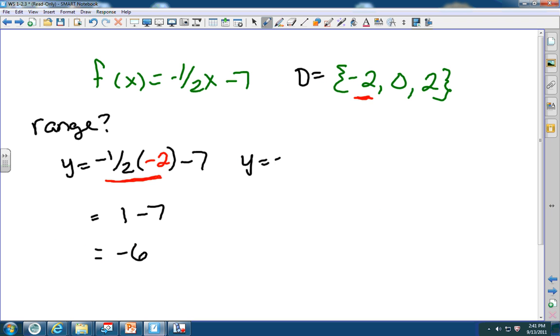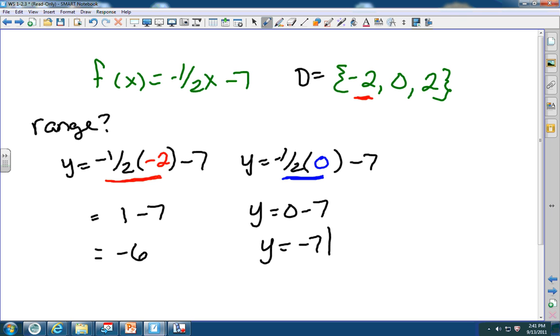The next one, y equals -1/2 x minus 7. The next one is 0. Right here, multiply them together. That gives me 0. I have y equals 0 minus 7. Y equals -7. There's the next one. We got that as well.